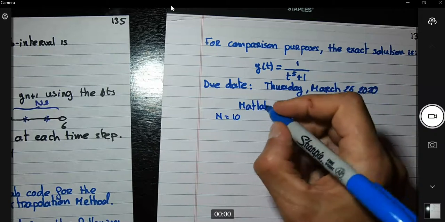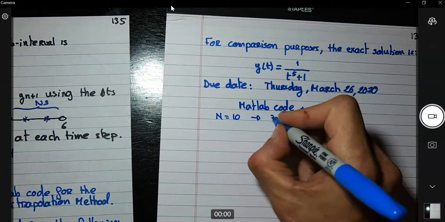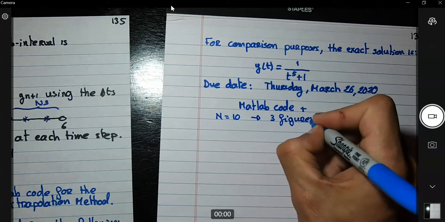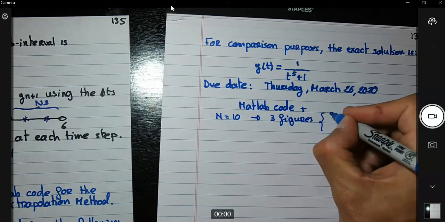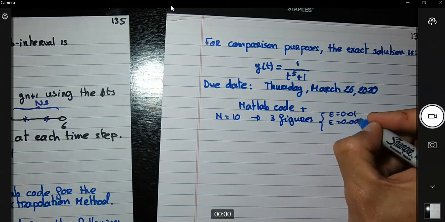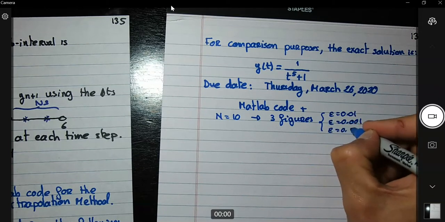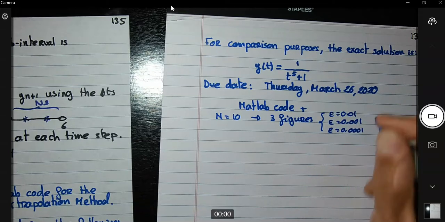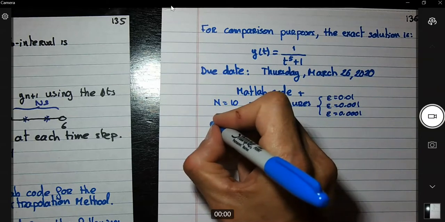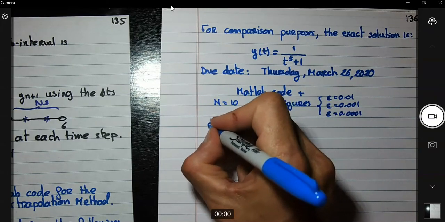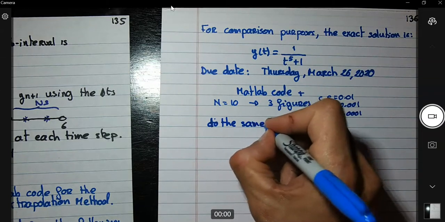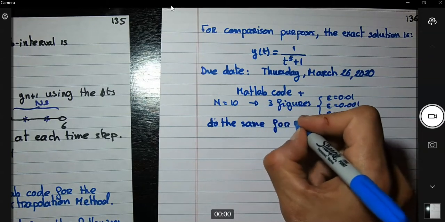You need to attach three figures, basically one figure for 0.01, one figure for 0.001, and one for 0.0001. And then do the same for n equal 20.